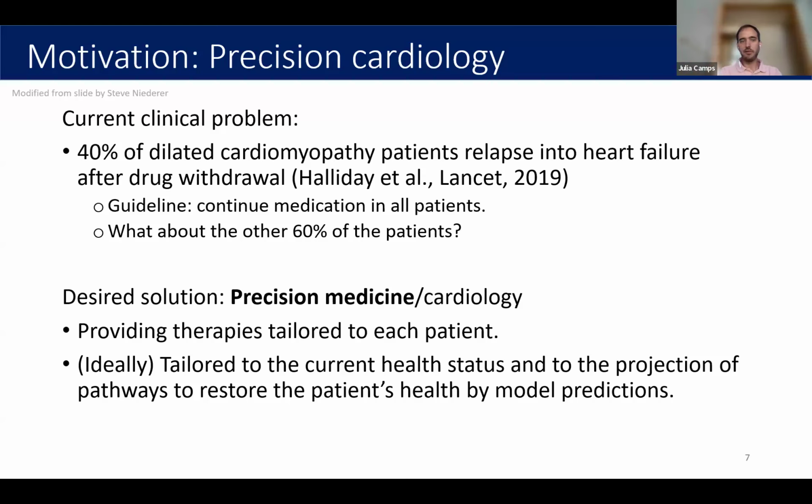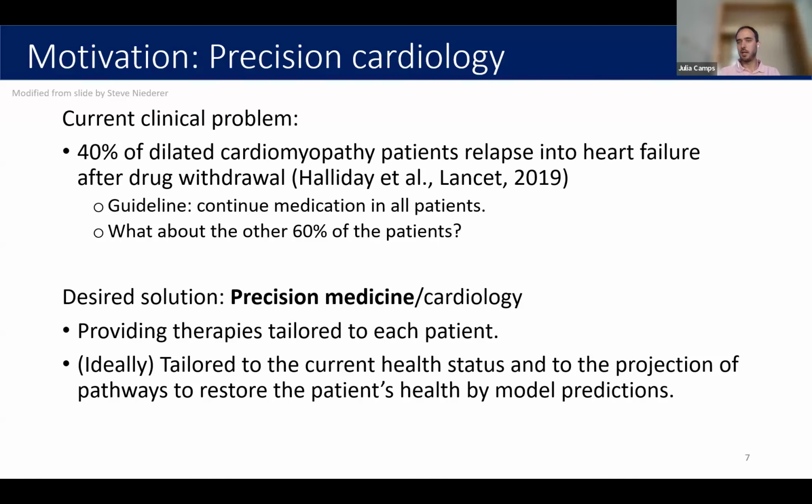So for example, here you have an example of a current clinical problem, which is that 40% of dilated cardiomyopathy patients relapse into heart failure after drug withdrawal. So the clinical guideline is to keep medication in all patients, right? Which means that 60% of patients would not need to continue taking this medication.